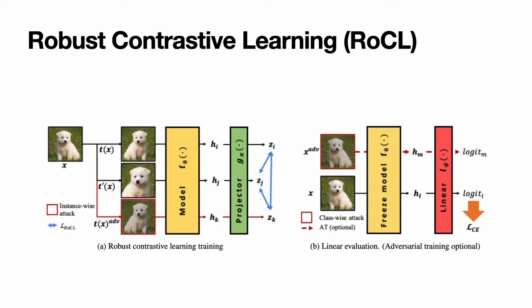Existing self-supervised learning models leverage linear evaluation, which runs a linear layer on top of the fixed embedding layer with clean examples.